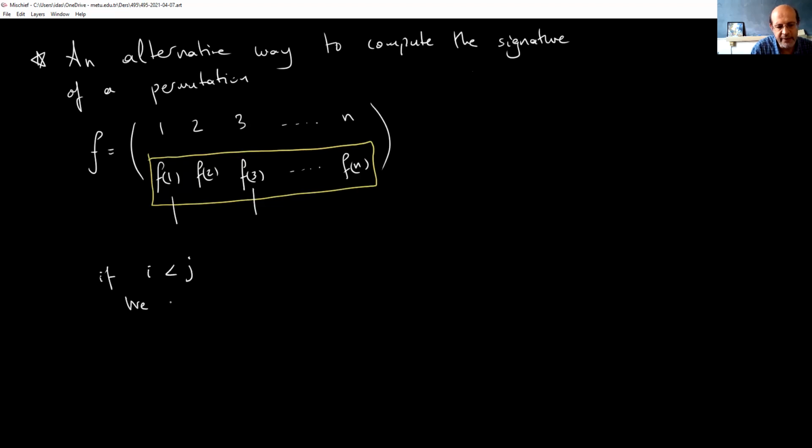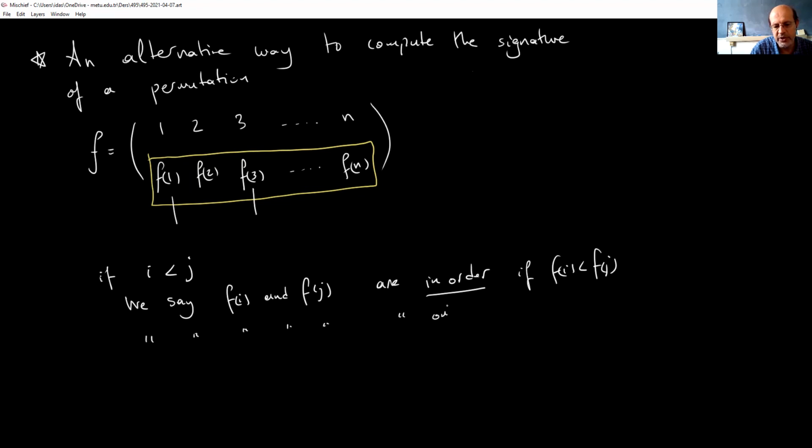We say that Fi and Fj are in order if Fi is smaller than Fj. And we say that this pair of numbers is out of order if Fi is bigger than Fj.